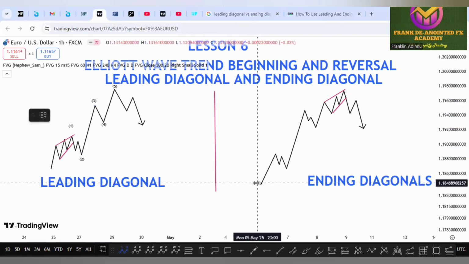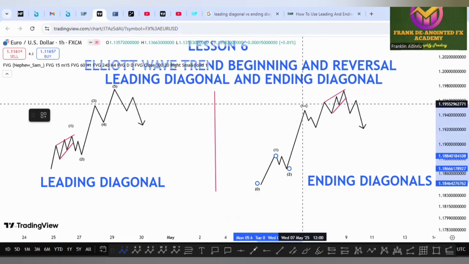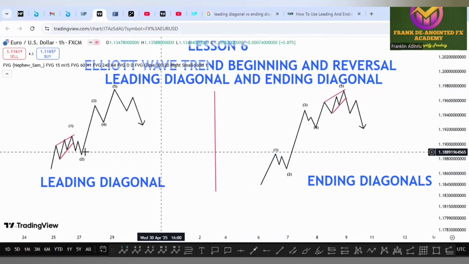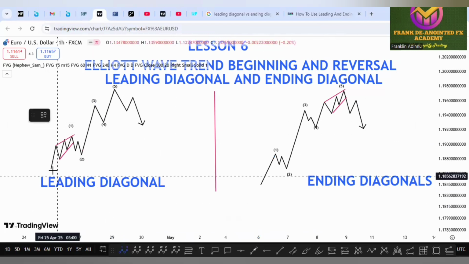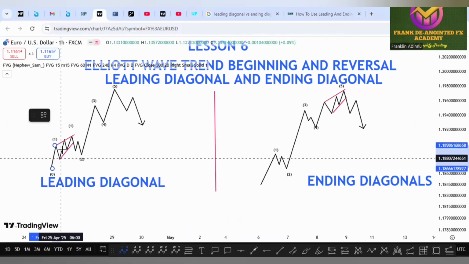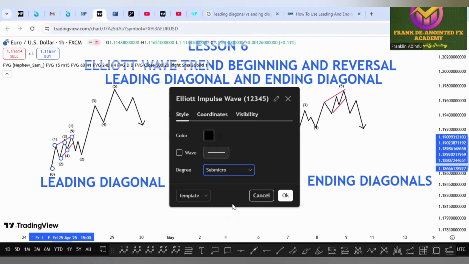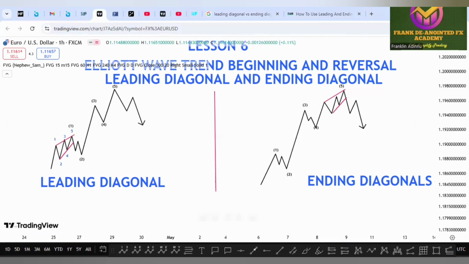You understand, guys? So once you see a trend and there's this ending diagonal in the trade, you will know that this very trend is coming to an end.